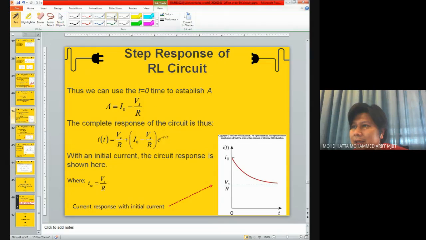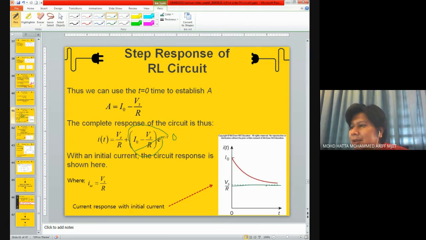This element will become 0, right? And 0 plus I_SS, the steady-state current, is given by this part.